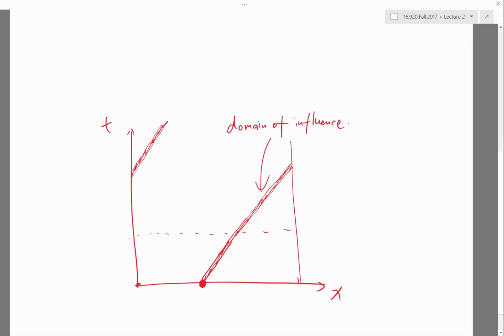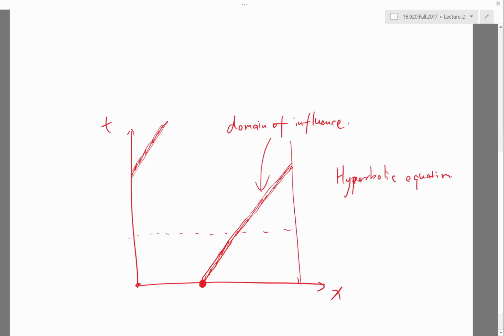So this type of equation, we call hyperbolic equations. And this is the simplest one, where the domain of influence really is a narrow band that doesn't even increase in width. For general hyperbolic equations, you may get a cone, as somebody here has said.